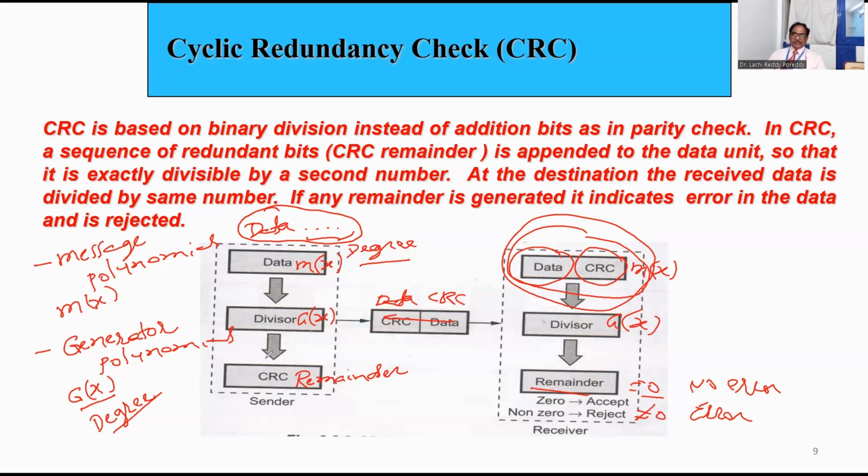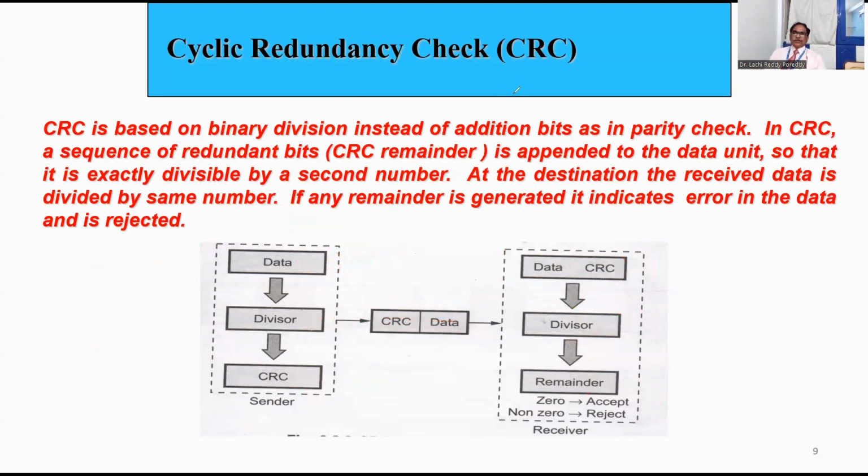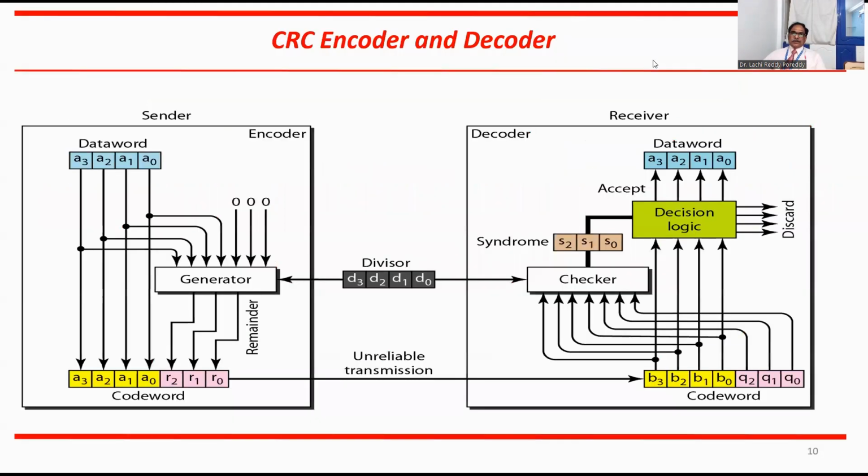We'll see an example for this also. In this particular example, suppose I'm using 4-bit data, this is m of x, and I am using a 4-bit divisor, this is g of x.